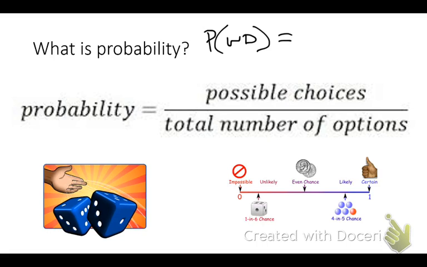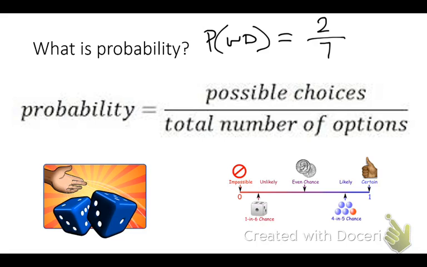So Saturday and Sunday, that's 2 possible choices, divided by the total number of options for days that you could choose. So you could choose Monday, Tuesday, Wednesday, Thursday, Friday, Saturday, or Sunday. So there are 7 total days in the week that you could choose, and 2 of them would be weekend days, which is the possible choices. So the probability of any day of the week being a weekend would be 2 out of 7. So that's essentially how probability works.